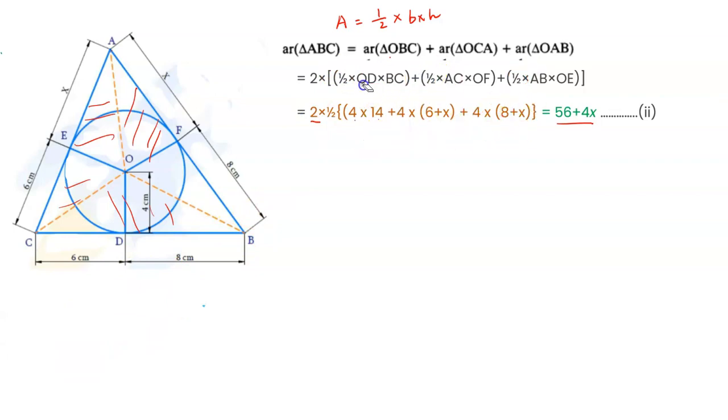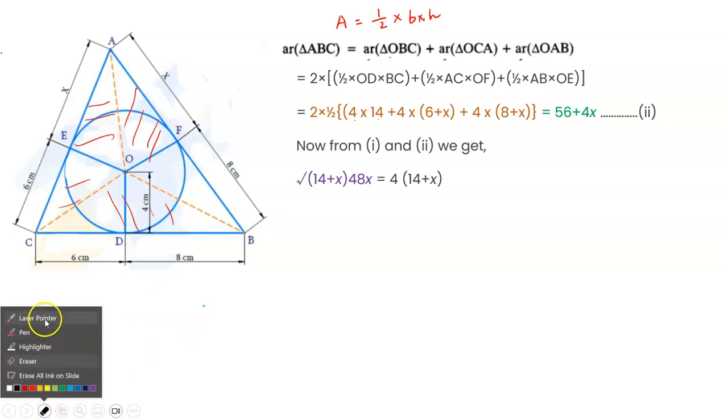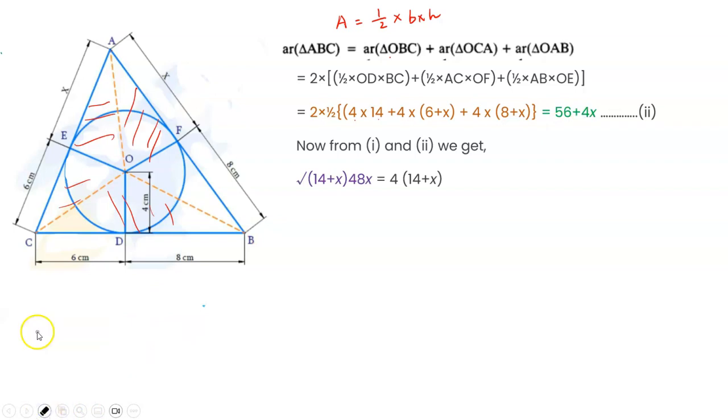Now let's go for the next part that I'm implementing. Just regular algebra, solve the regular algebra. So as usual, it will be 14 plus x into 48x. Taking 4 as a common factor, 4 into bracket 14 plus x. Now 14 plus x, 14 plus x, so you can cancel out.